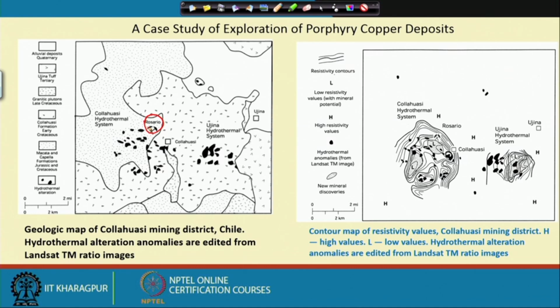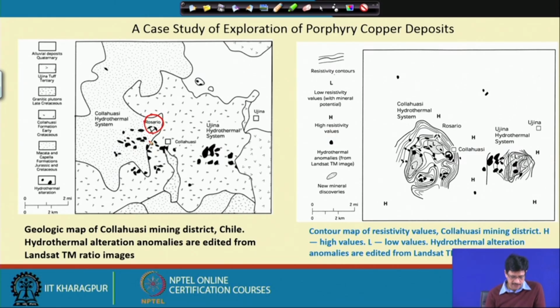Now, according to what we are seeing here, this is the major granitic pluton, and this is the later Jurassic formation which is overlying it, and these black ones are the hydrothermal alteration zones.